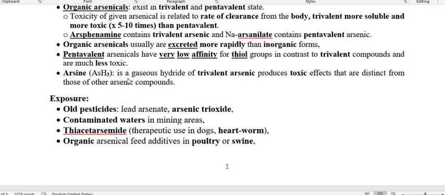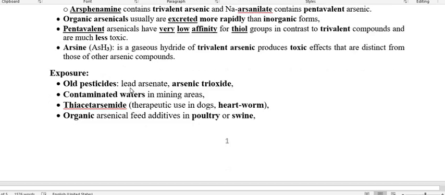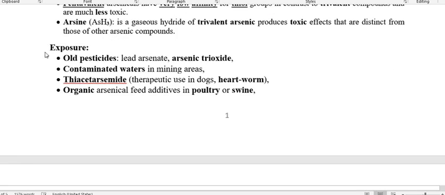So arsine or arsenic hydride produces a hemolytic effect as well as pulmonary edema, because arsine is a gas and is mainly absorbed through the respiratory route. And now we have to go through the exposure. The old pesticide arsenic trioxide is not now in use, but earlier it was in use.